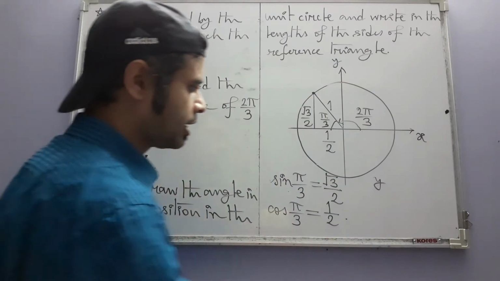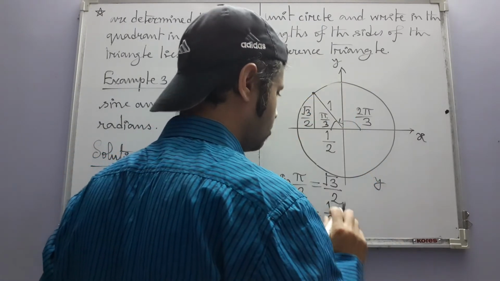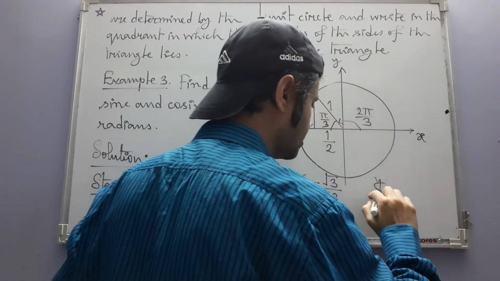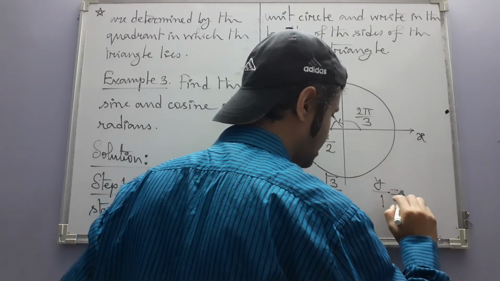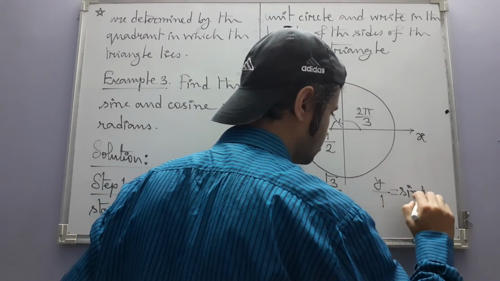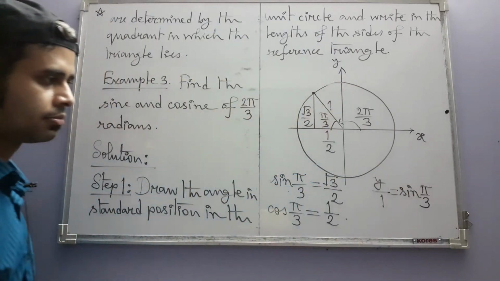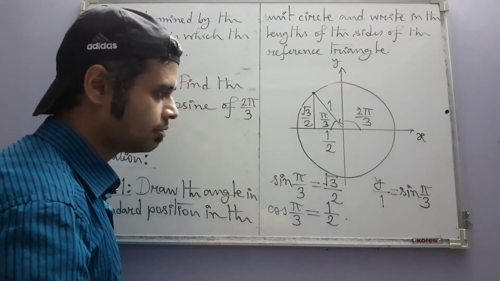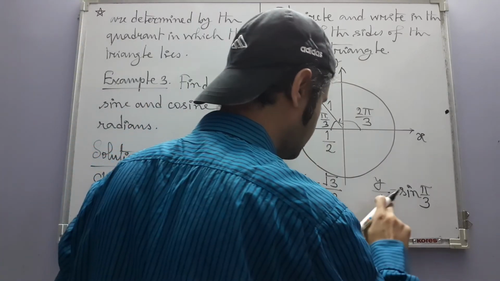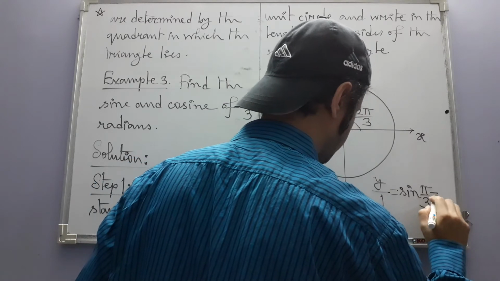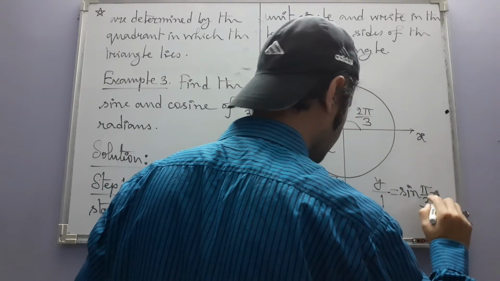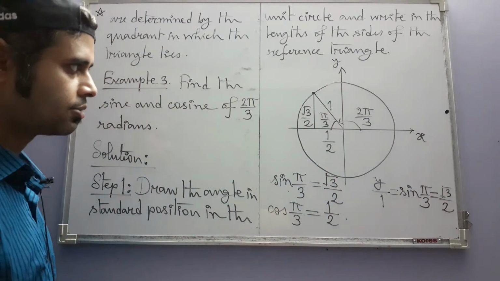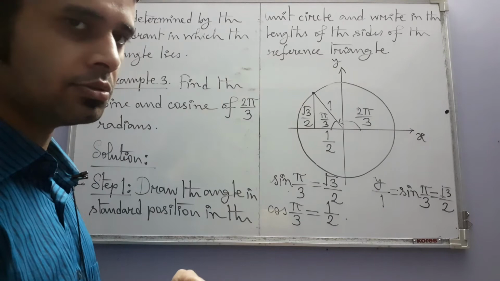Then you know that perpendicular or opposite divided by hypotenuse in your old definition is sine theta. But your hypotenuse length is 1 because you are considering a unit circle, so you put 1 in the denominator, and this value you already know from your elementary trigonometric studies. This is root 3 divided by 2, and that's why this is root 3 divided by 2.